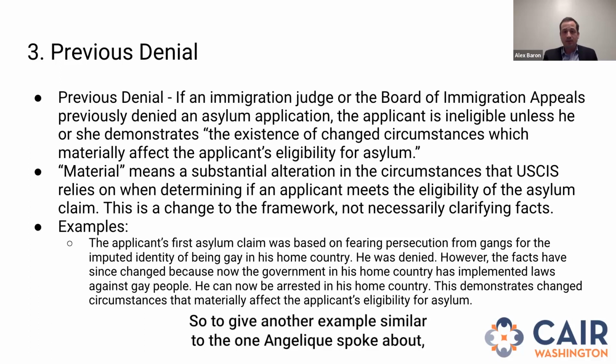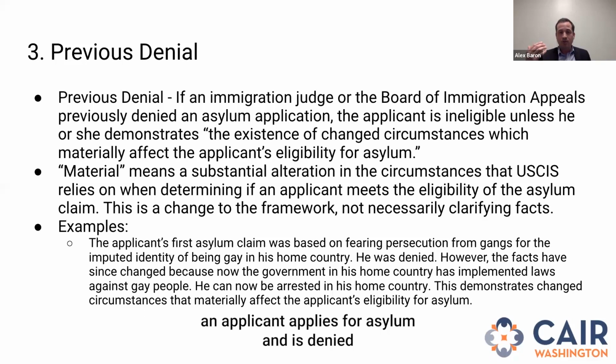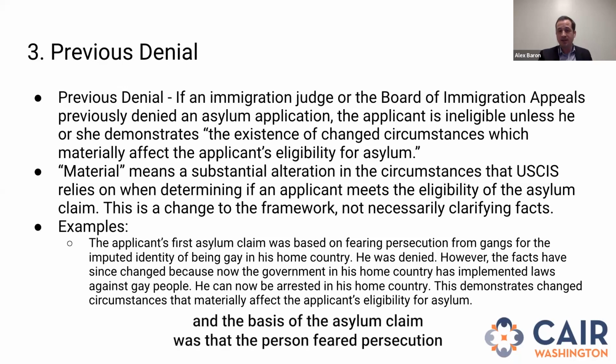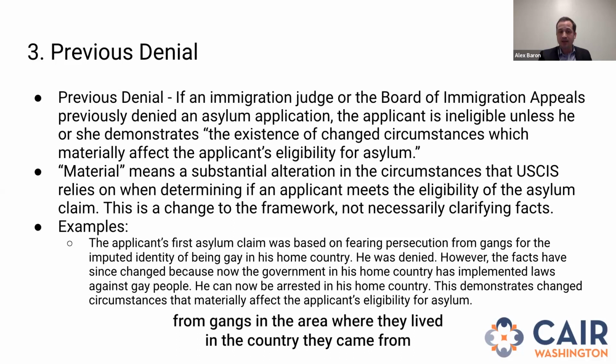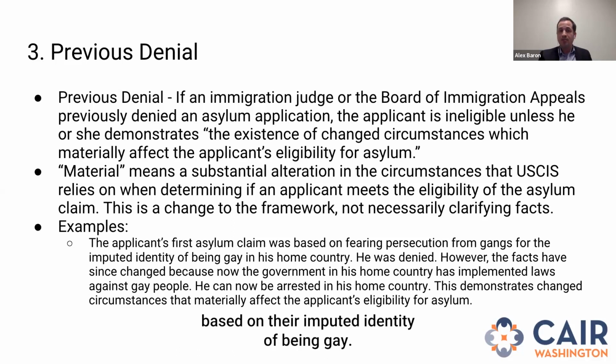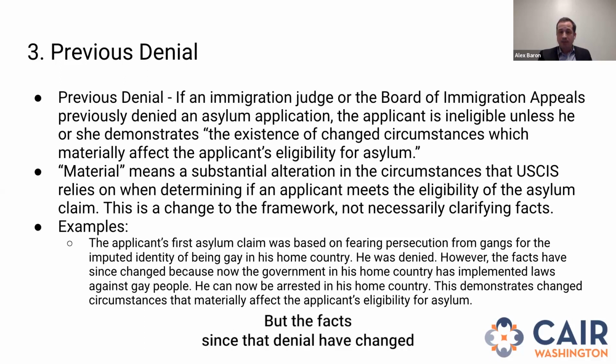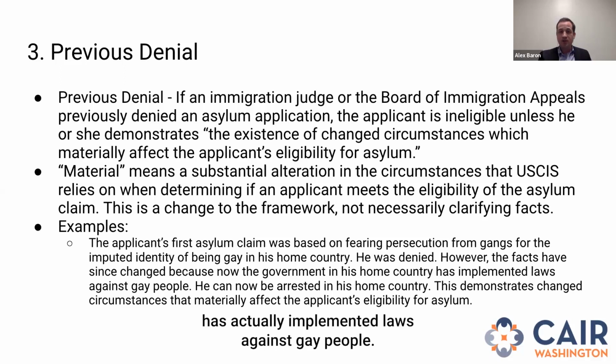To give another example, similar to the one Angelique spoke about, an applicant applies for asylum and is denied. The basis of the asylum claim was that the person feared persecution from gangs in the area where they lived in the country they came from, based on their imputed identity of being gay. But the facts since that denial have changed because now the government in that country has actually implemented laws against gay people.